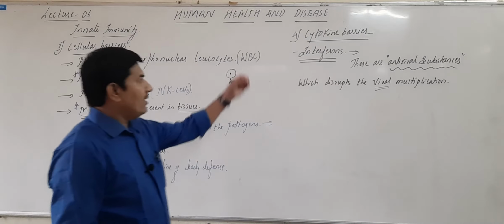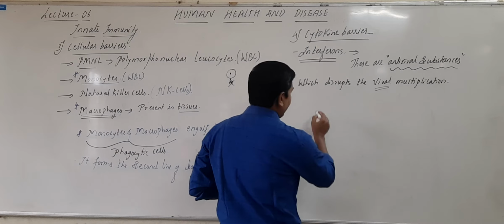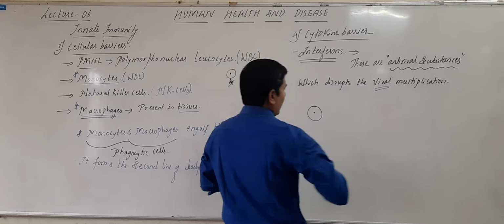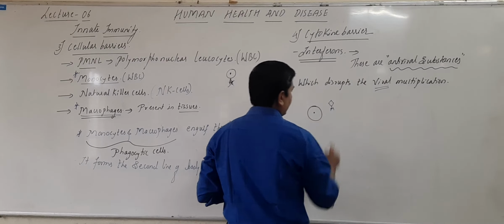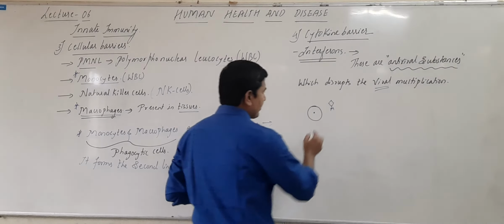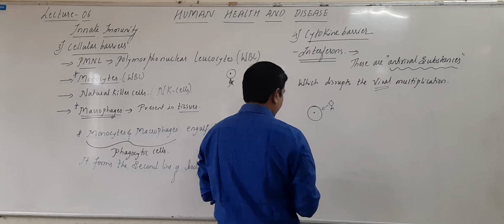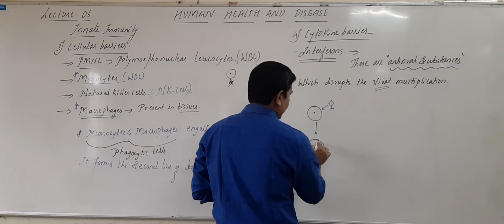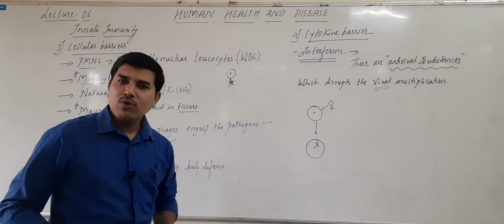Now these interferons, how exactly are they produced? Suppose we take the cell, this is the cell, and let's take the virus here. When the virus infects the host cell, what will happen? This host cell gets infected by the virus, and the property of the virus is that it starts to multiply inside the host cell.